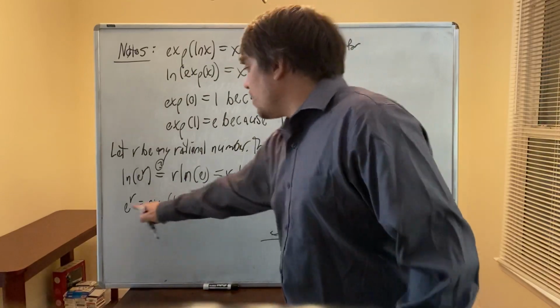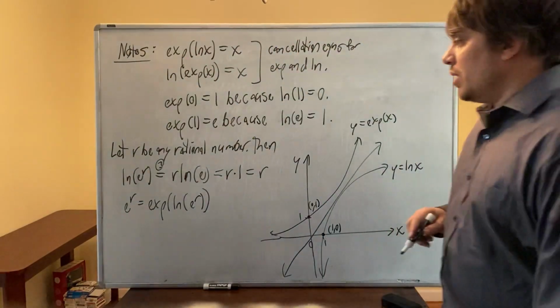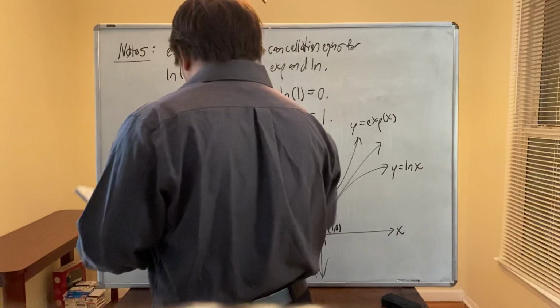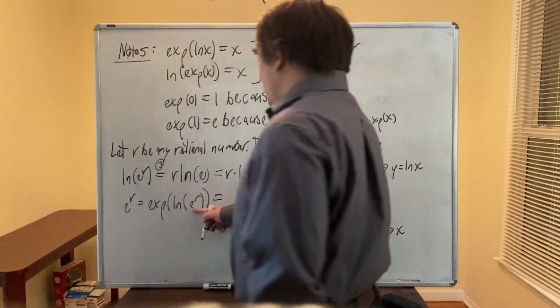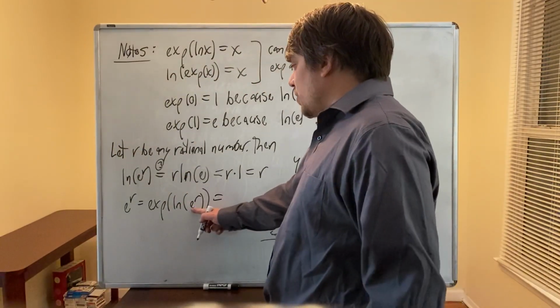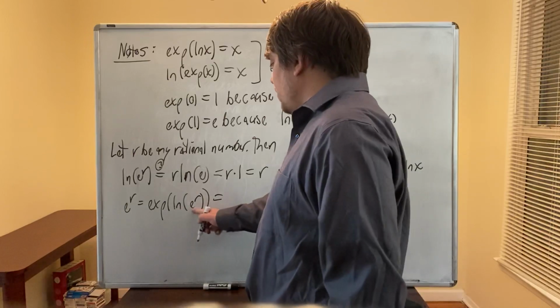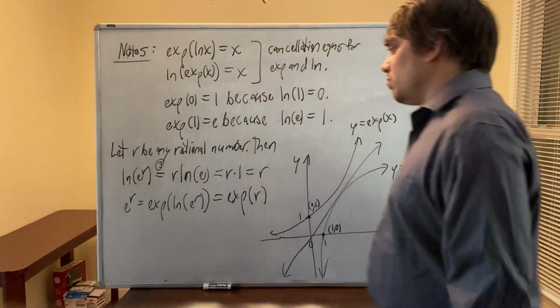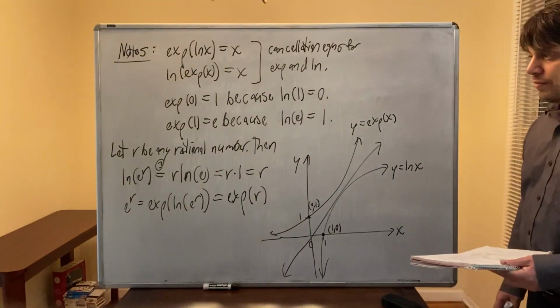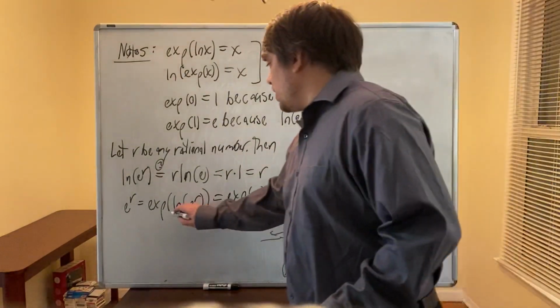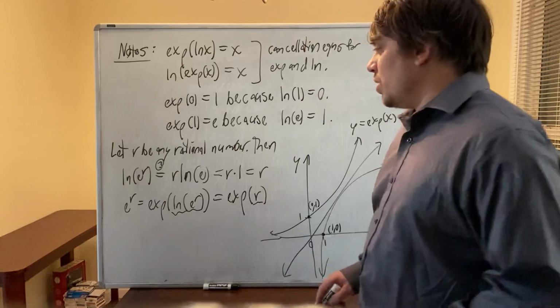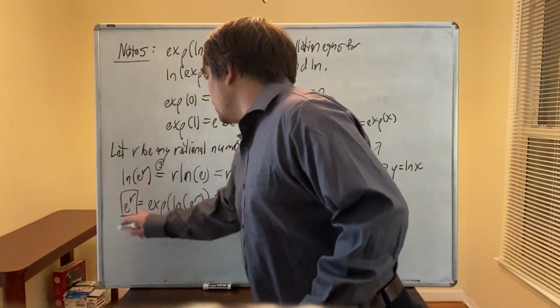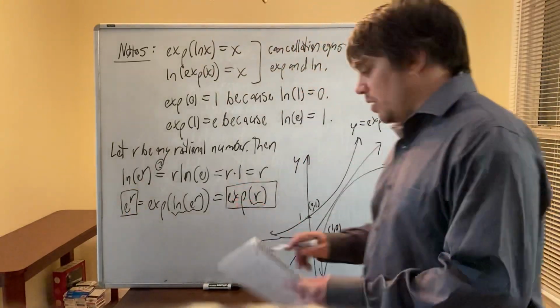Okay? So then what does that say? Well, ln of e to the r, ln and e cancel each other out, right? And so ln of e to the r is r. So this is equal to exp of r. Okay? ln of e to the r is r. So then we get e to the r is equal to exp of r.